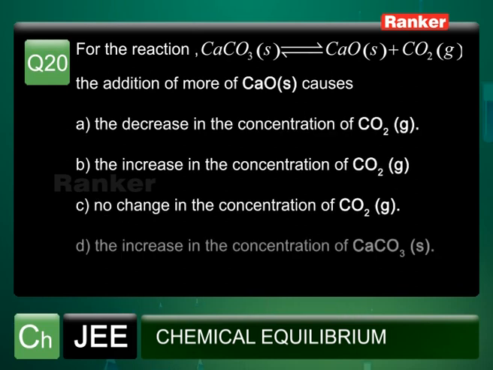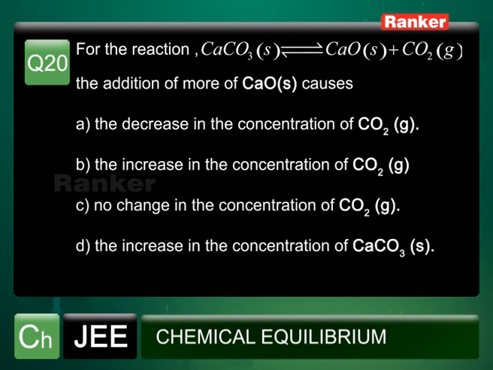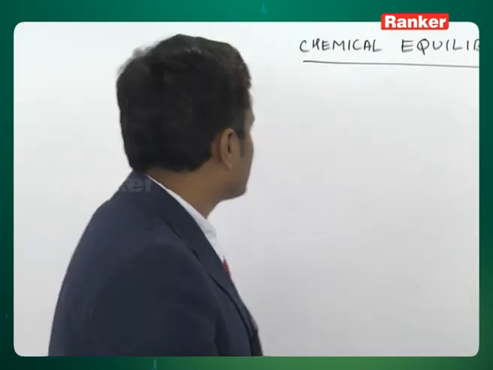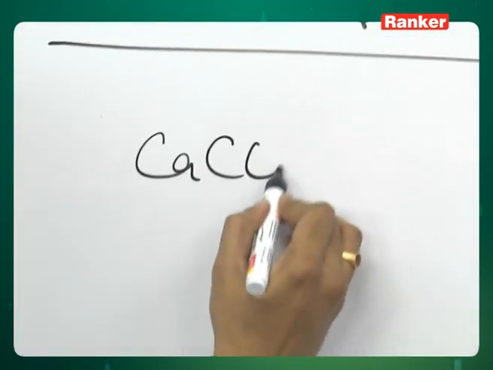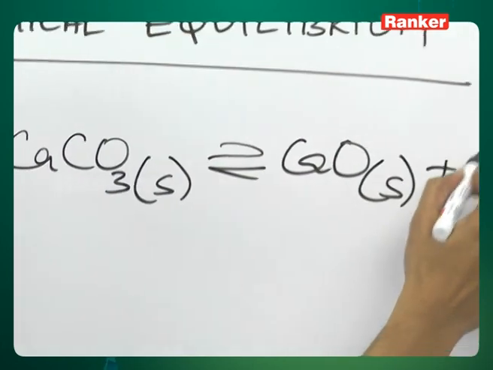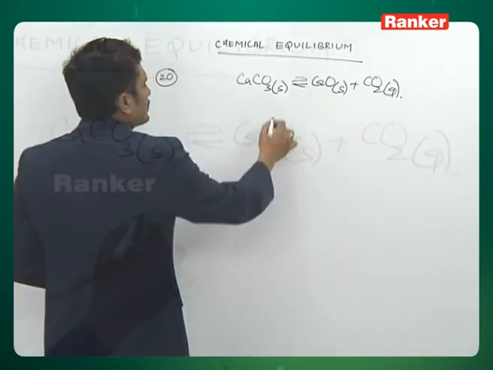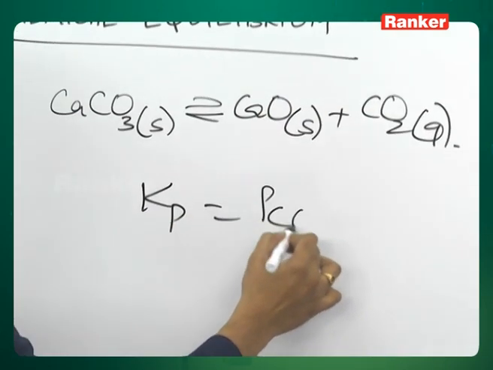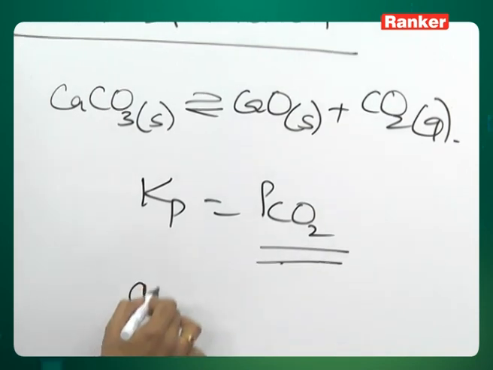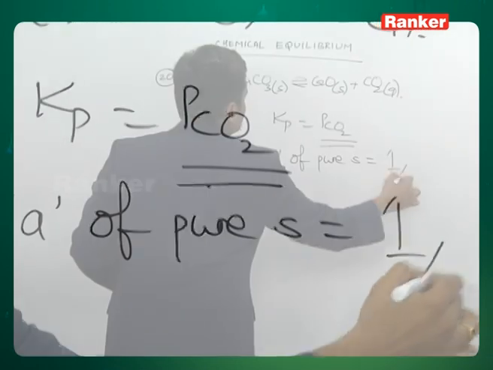We have a reaction where CaCO3 and CaO are solids. The only substance which is involved in the equilibrium, which is a gas, is CO2. Now we have added more amount of CaO, and the question asks what happens. Since the equilibrium involves 2 solid components, CaCO3 and CaO, any shift in the equilibrium will be only due to the carbon dioxide, because the active mass of a pure solid is conventionally taken as 1.